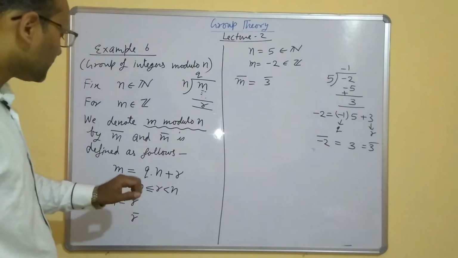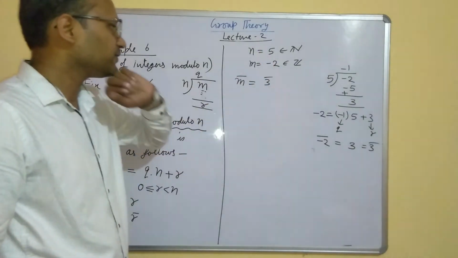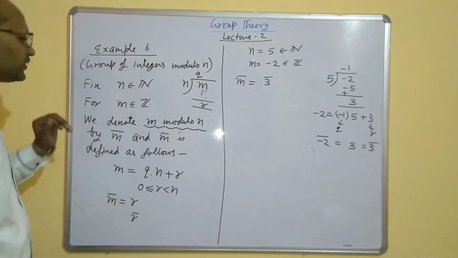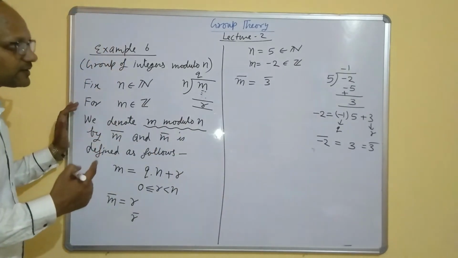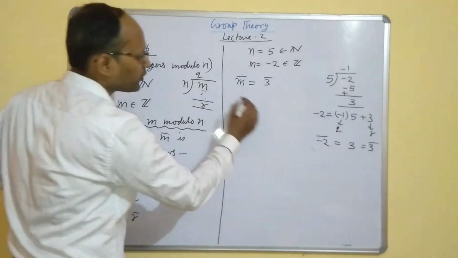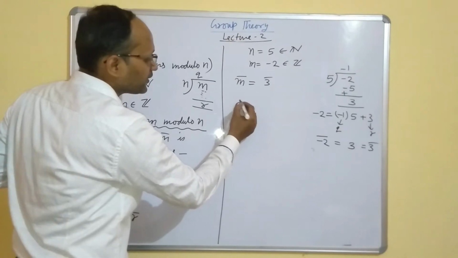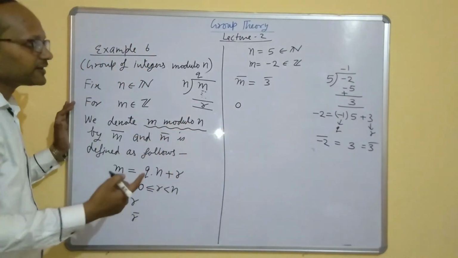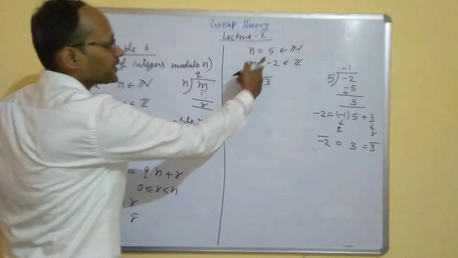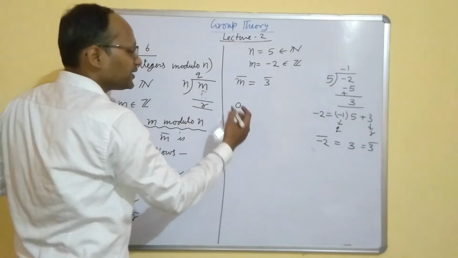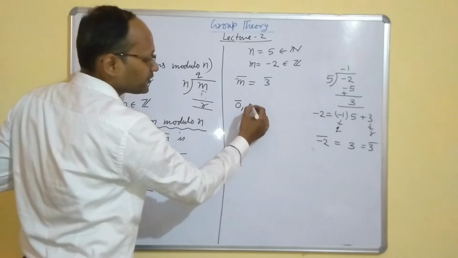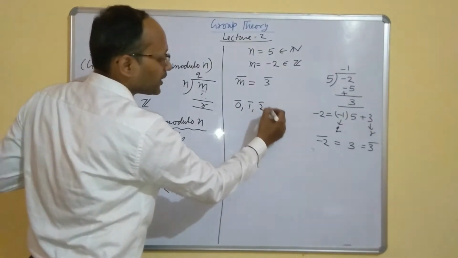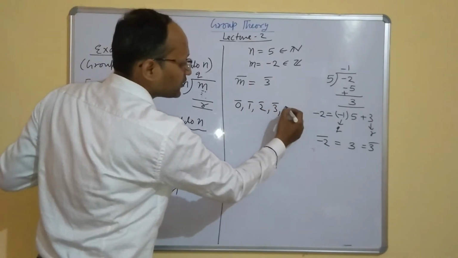So now suppose I choose n to be 5. When you go on determining the modulo of all the numbers, the only possibilities are the remainders you get after dividing by 5. So you have only 5 possibilities: 0 or 0 bar you may write, 1 bar, 2 bar, 3 bar, 4 bar.